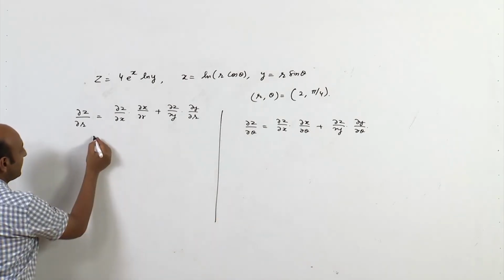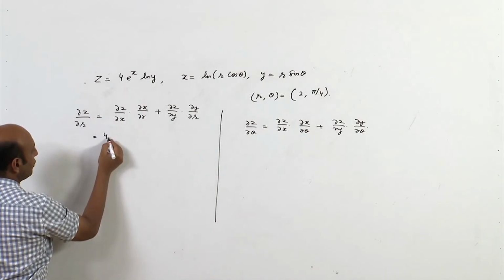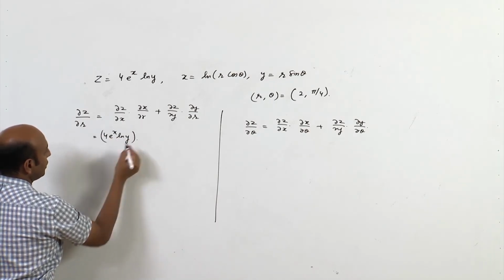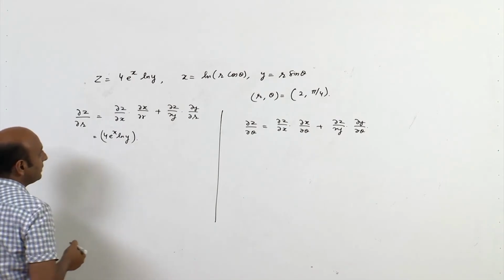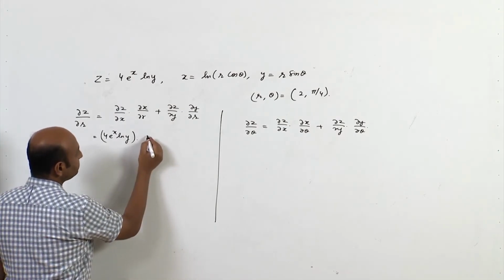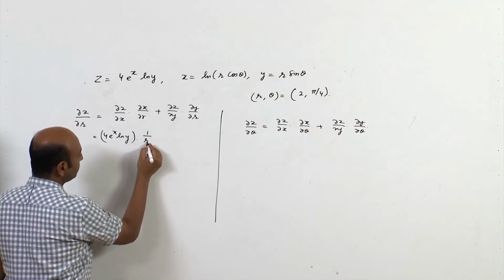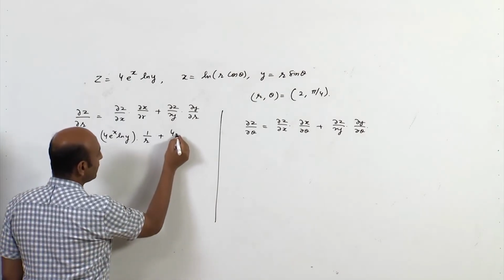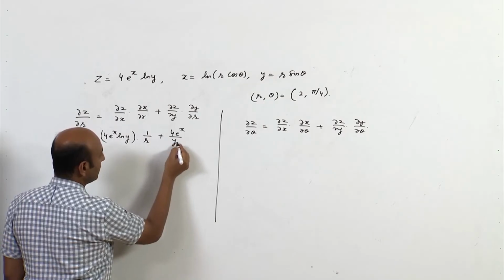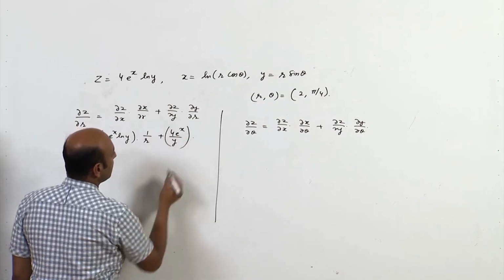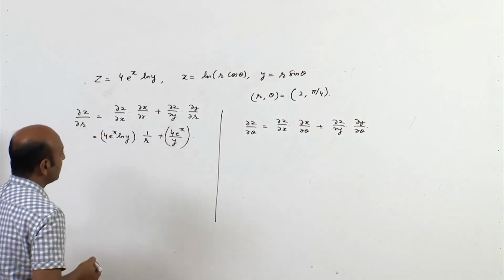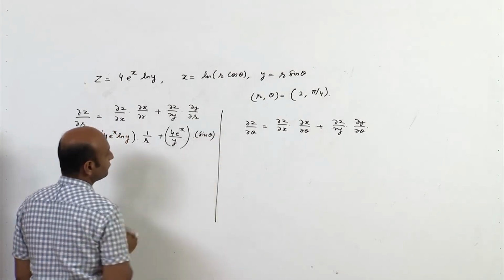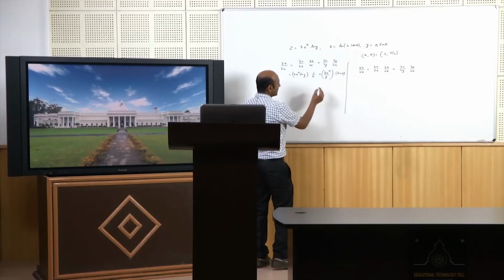So, what is del z by del x? It is 4 e raised to power x into ln y into del x by del r is 1 by r plus del z by del y, it is 4 e raised to power x upon y into del y by del r is sin theta. So, this is the expression.